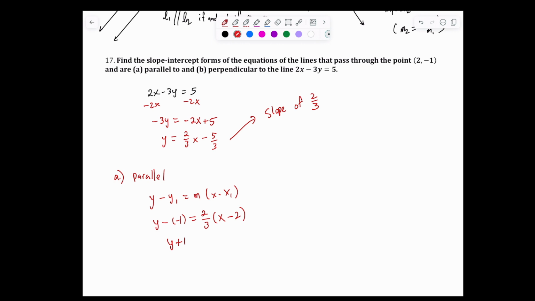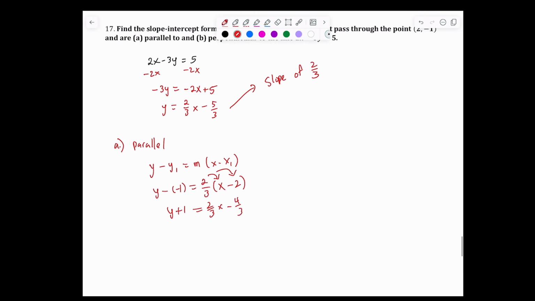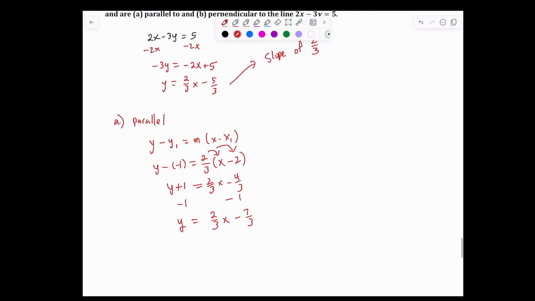So we have y plus 1 equals 2/3 x after I distribute there on the right, minus 4/3. And then we subtract 1 on both sides. So we get y equals 2/3 x minus 4/3 minus 1, which is minus 7/3.